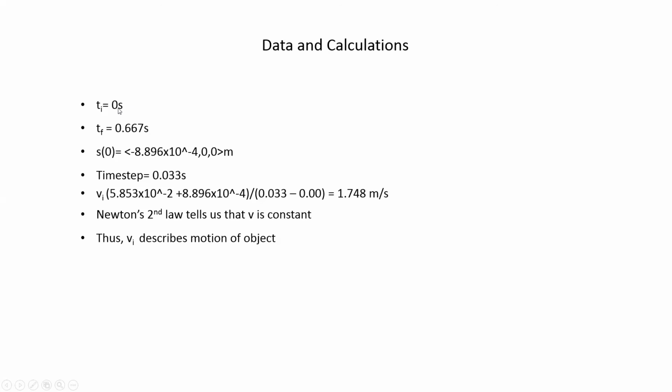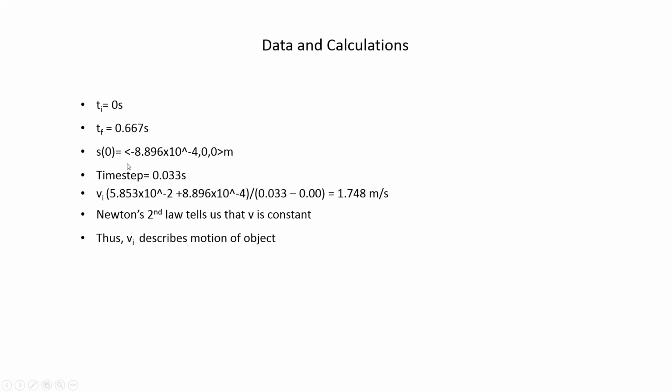So the data I got was that initial time was 0, final time was 0.667 seconds. Initial position was negative 8.896 times 10 to the negative 4 meters, and the time step was 0.033 seconds.